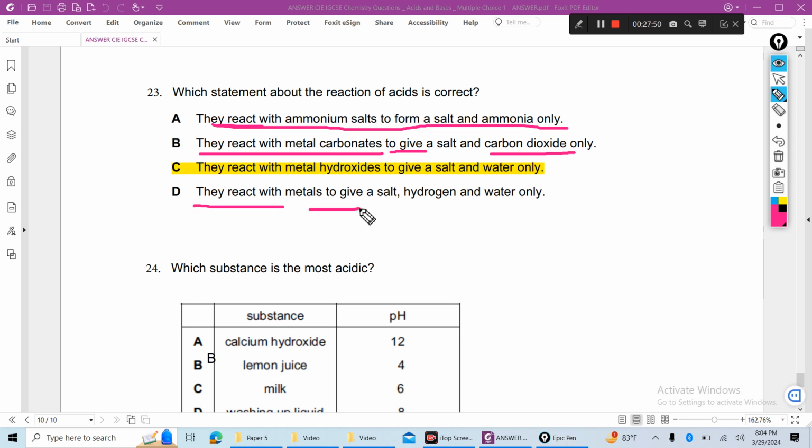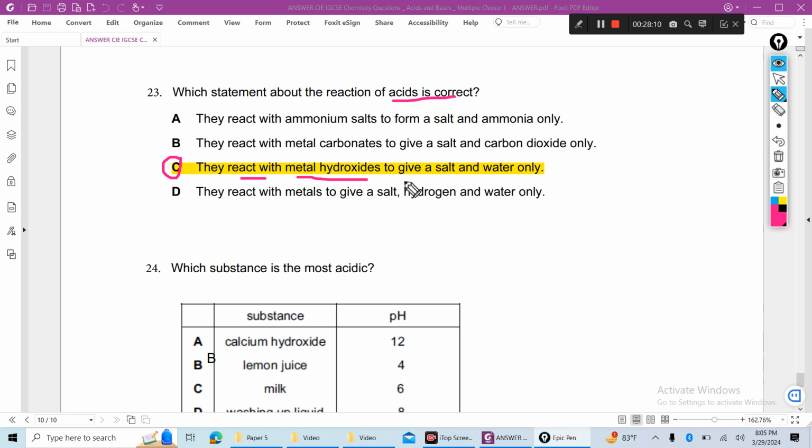They react with metal to give a salt, hydrogen and water only, no, because acid reacts with metal to produce a salt and hydrogen only, not water. So the answer will be C, acid reacts with metal hydroxide to give a salt and water only.